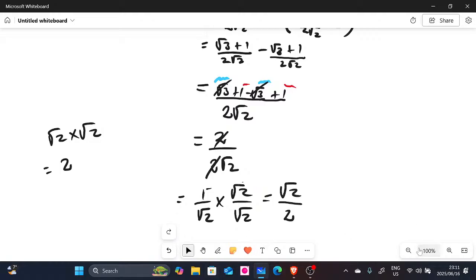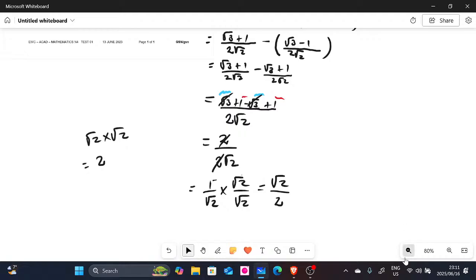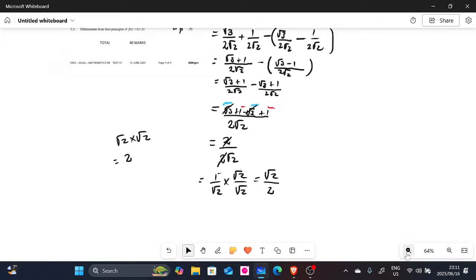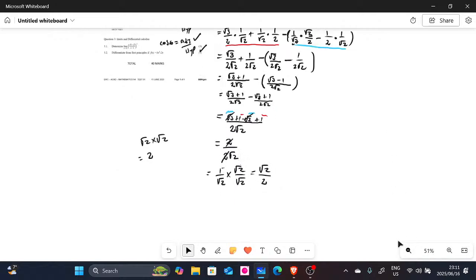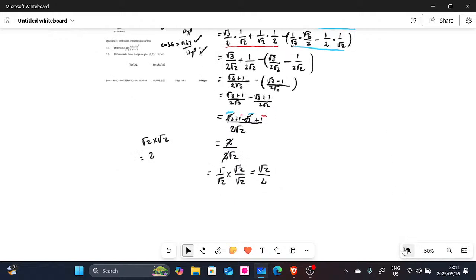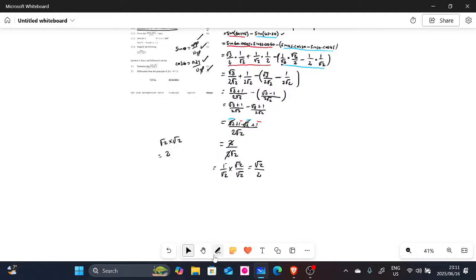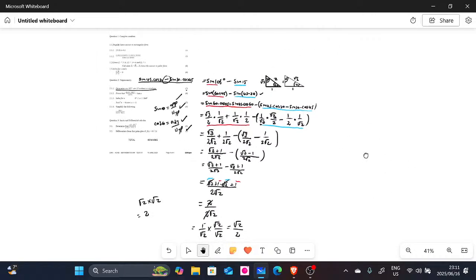Is there anyone who's lost before we move to the next question? Because this was not that difficult. We never even touched the calculator when we were doing this, guys. You can take your calculator and plug in these ones here, to check if your answer gives you root 2 over 2, to double check, right?